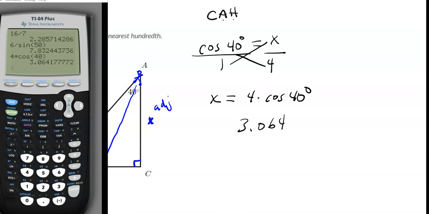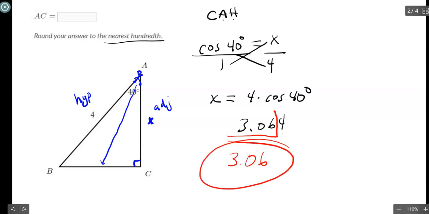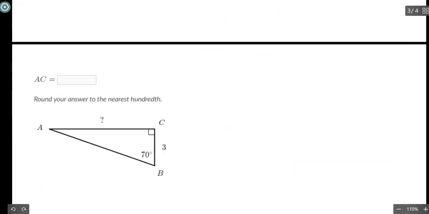Since I need to keep the nearest hundredth, I need to keep 2 places. That 4 tells me to leave it alone. Don't round it up. 5 or more, you round up. So, correct answer, 3.06. We'll do one more.